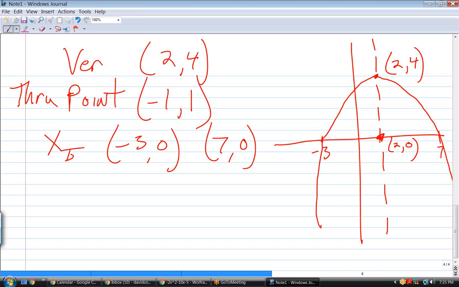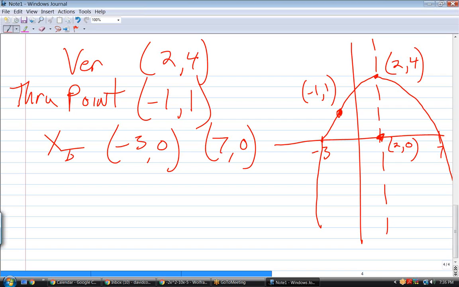Okay. Now, it goes through the point minus 1 comma 1. Well, that point we'll call right there. All that means is that whatever equation we come up with for this, those 2 points have to satisfy that equation. In other words, whatever it is, y equals x squared, or whatever, that has to be the x point, that's the y point, and it has to still be an equation.